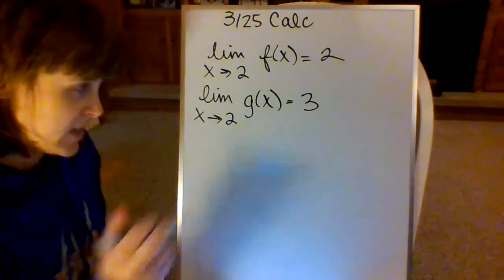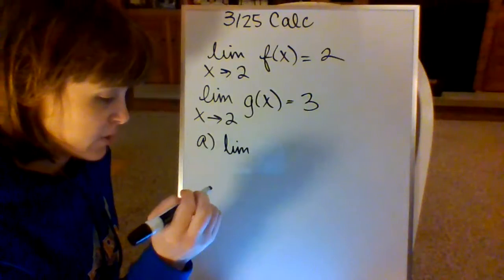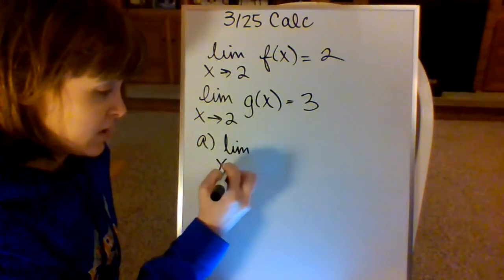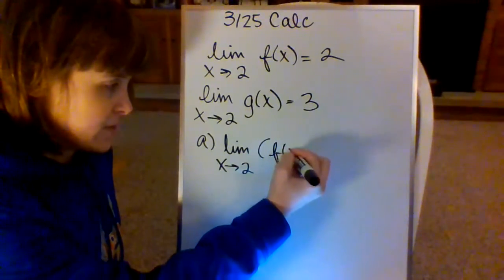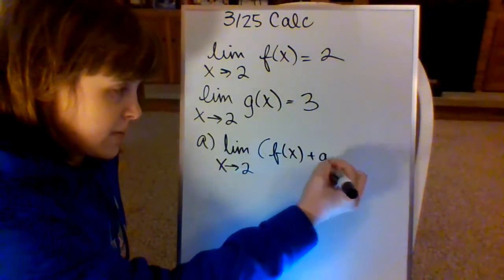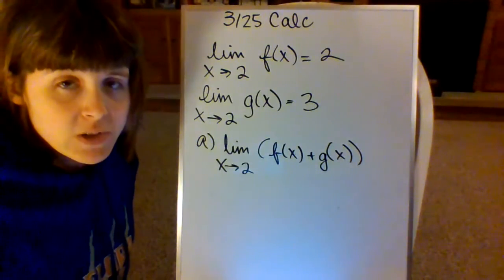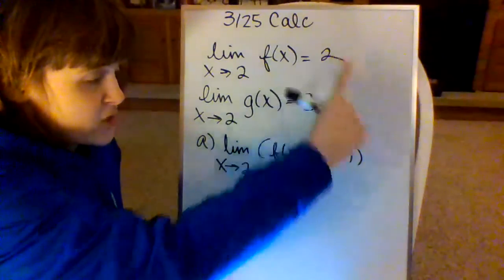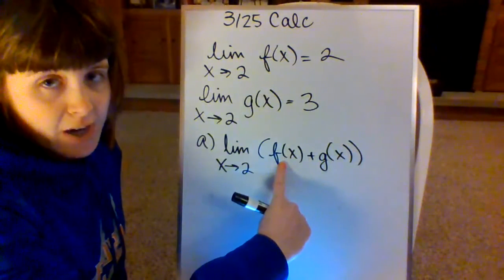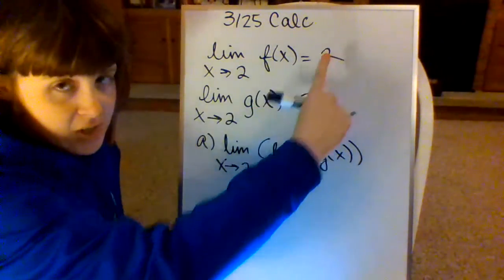Part A says find the limit as x approaches 2 of f of x plus g of x. Since they already told us what those values equal, we can substitute their answers in. So 2 is going to go in here for f of x because the limit as x approaches 2 of f of x is 2.